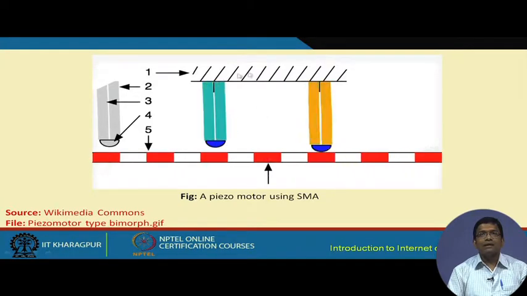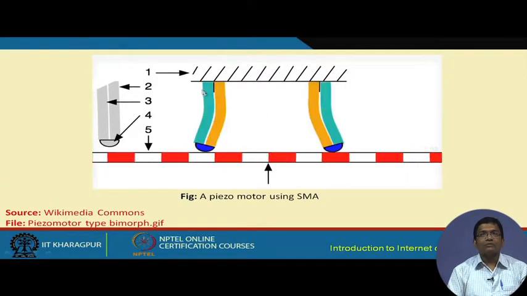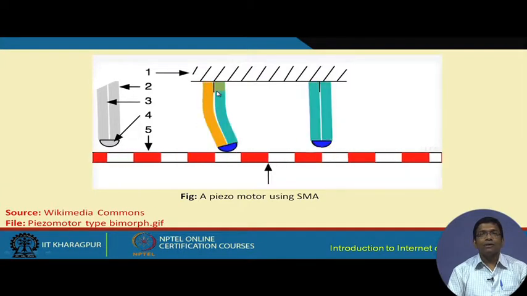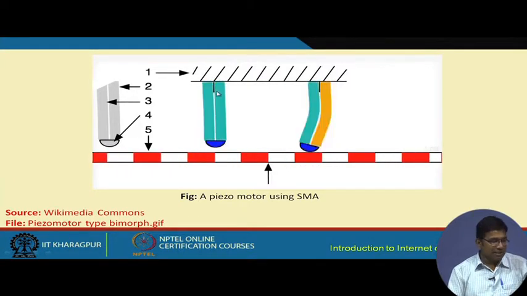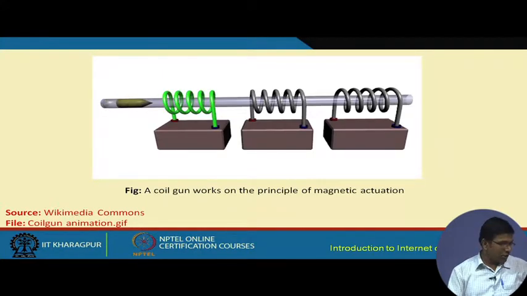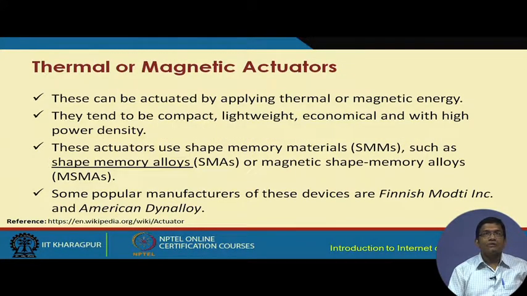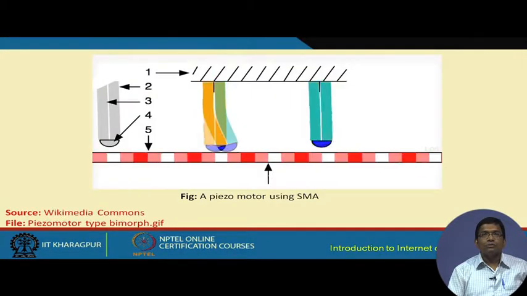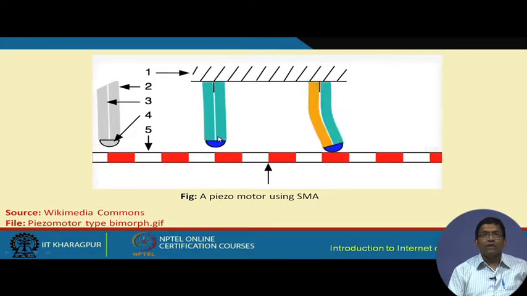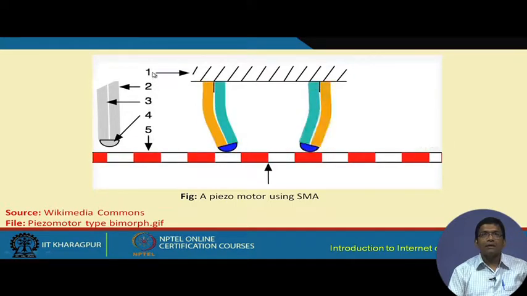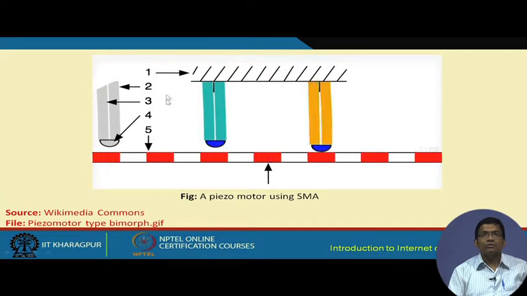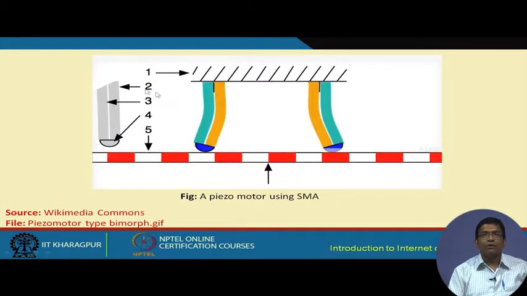So, this acts as an actuator. This is an alloy bar consisting of two metal strips, and the property is that when you heat it, it is going to bend, and when it bends, it moves this particular strip in this manner. The different steps are shown over here, and this is quite explanatory.